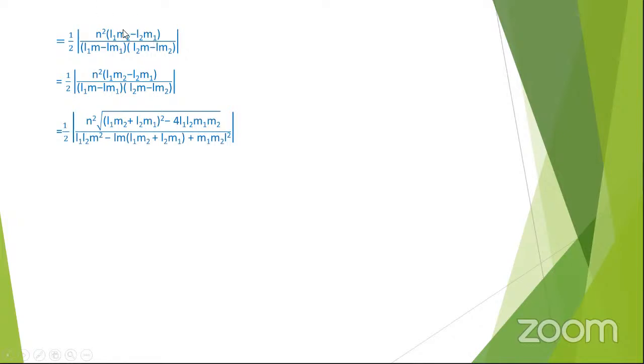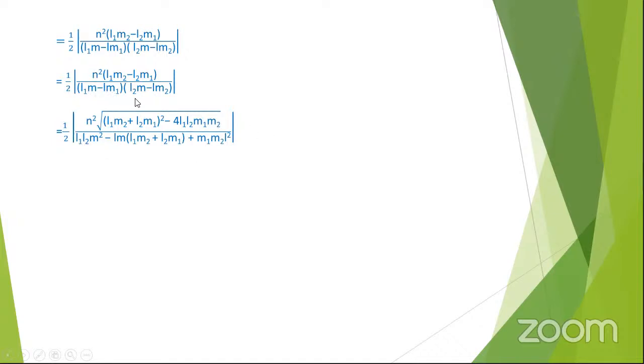Now, we write this using the form that (a − b)² can be written as (a + b)² − 4ab. In a similar way, a − b can be written as √((a + b)² − 4ab). So we use that here: half into n² into √((L1M2 + L2M1)² − 4L1L2M1M2), where a = L1M2 and b = L2M1.